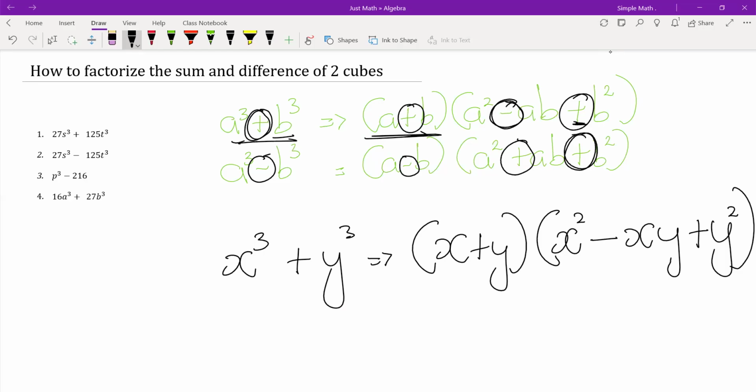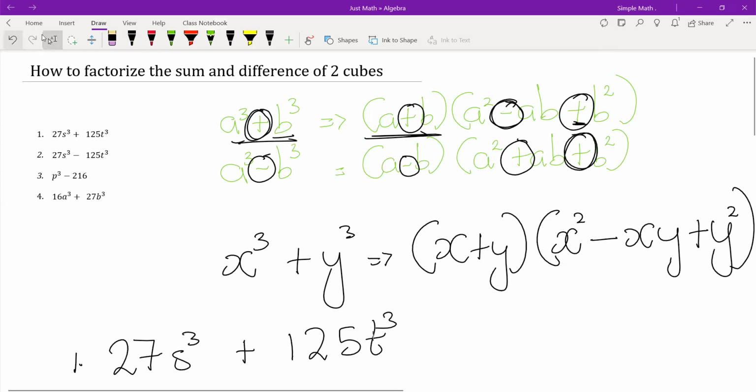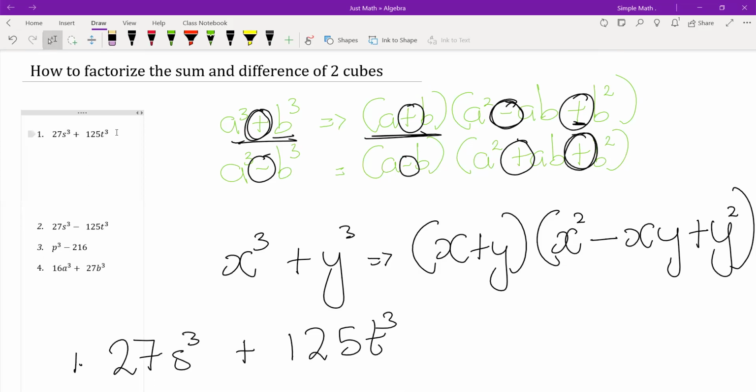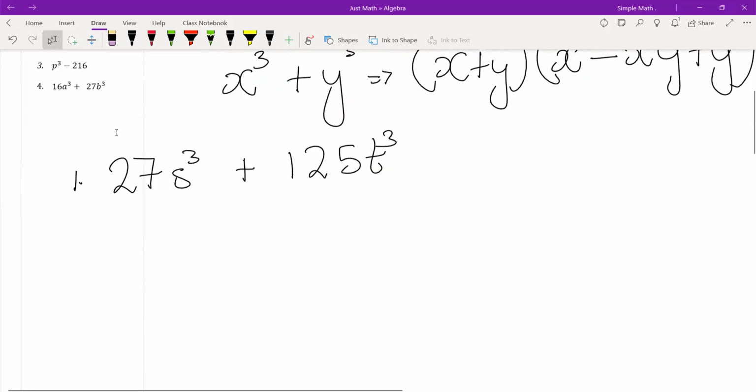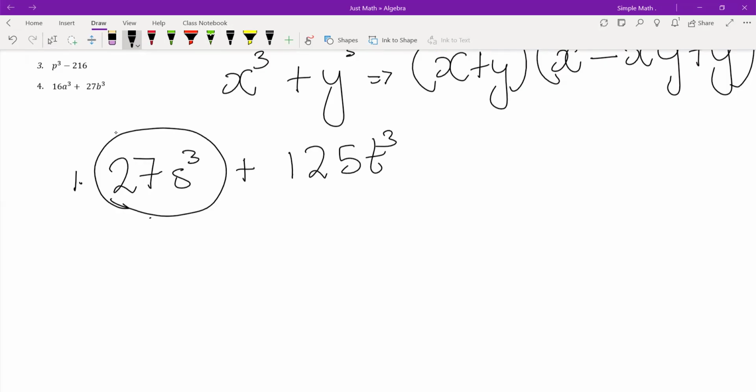Now let's actually answer question number one, 27 s cube plus 125 t cube. Let me just bring all this down. So first of all, let's express all of them in index form. 27 s cube.